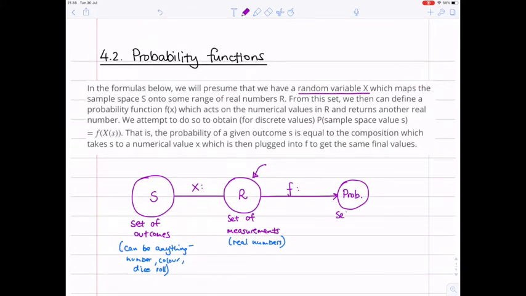So we've got a set of probabilities. If we think about what these might be, we know that probabilities are real numbers in the interval 0 to 1.